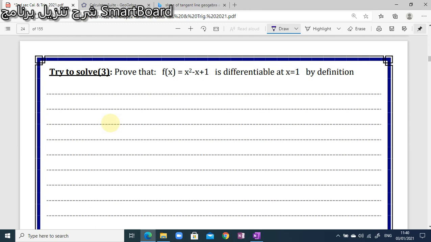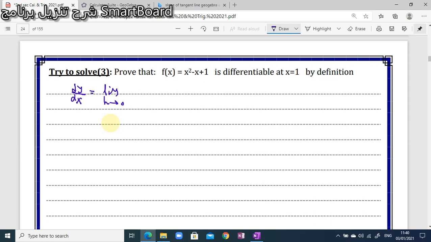So dy by dx, or f dash of x, equals the limit as h approaches 0 of f of 1 plus h minus f of 1, all over h.